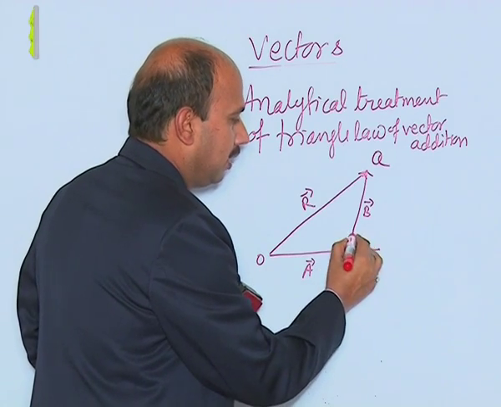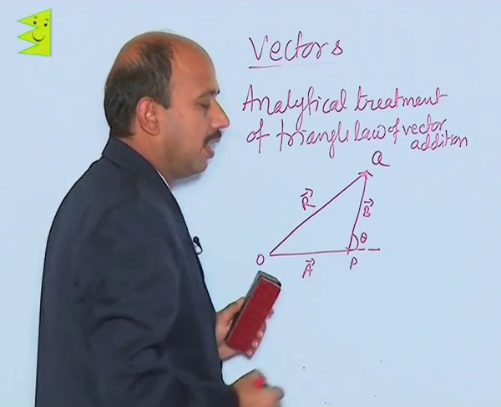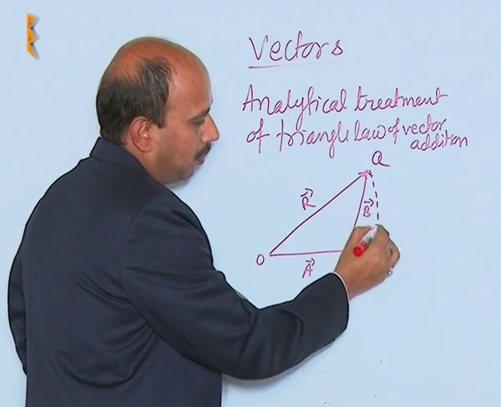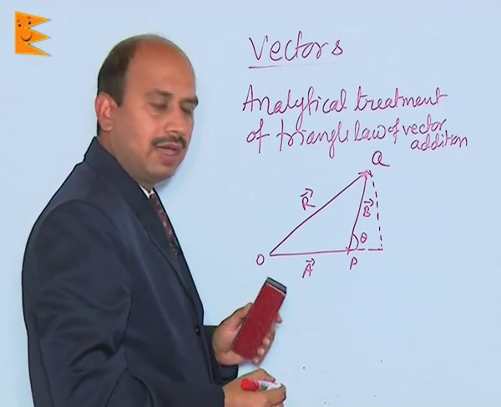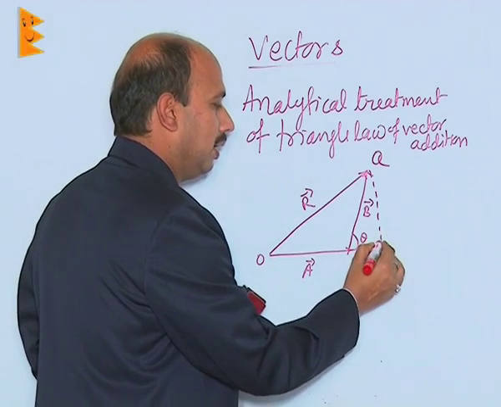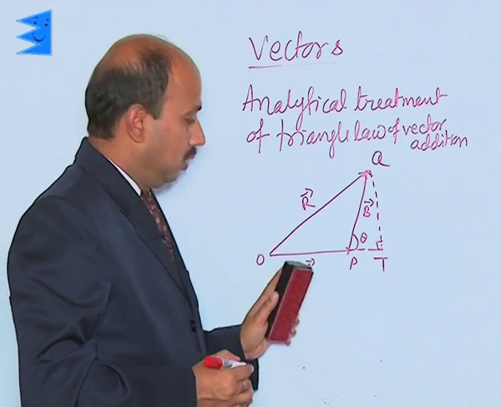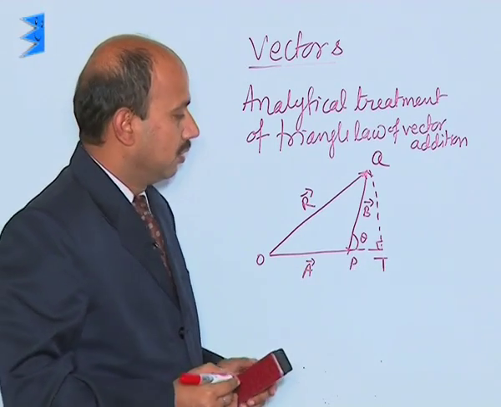Suppose this angle is theta, these 2 vectors are acting at an angle theta. So, now we draw a perpendicular from here, and this perpendicular we can take T. So, QT is perpendicular to OP produced here.